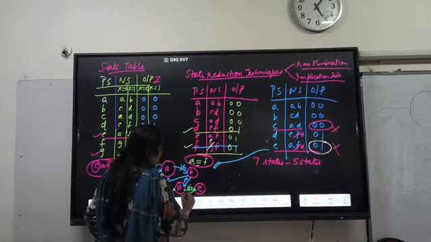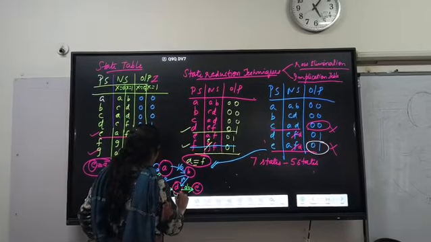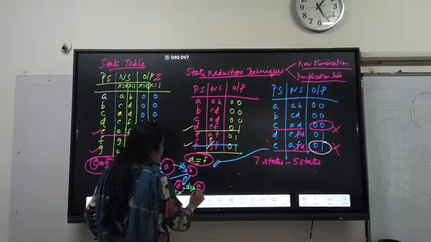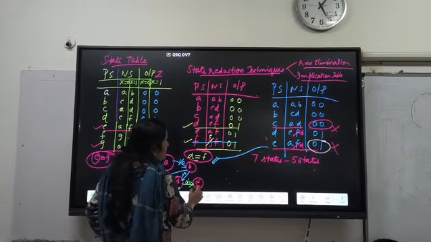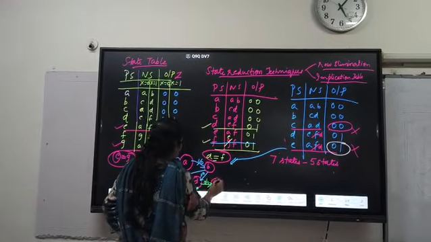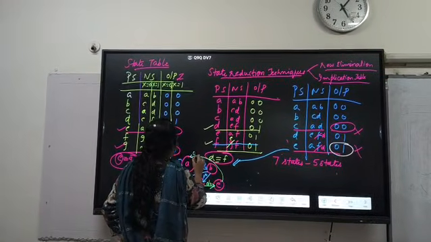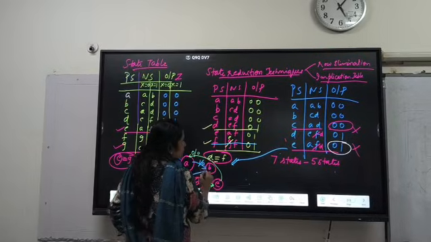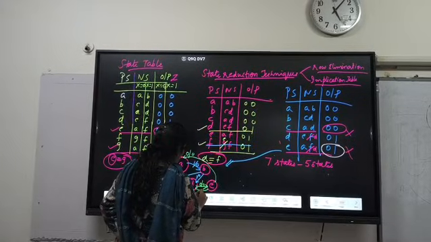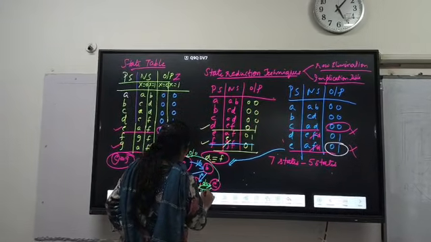D on 1, it's a self loop, okay, and output is 1. Then from E on 0 goes to A and the output is 0. E on 1 goes to D and the output is 1.